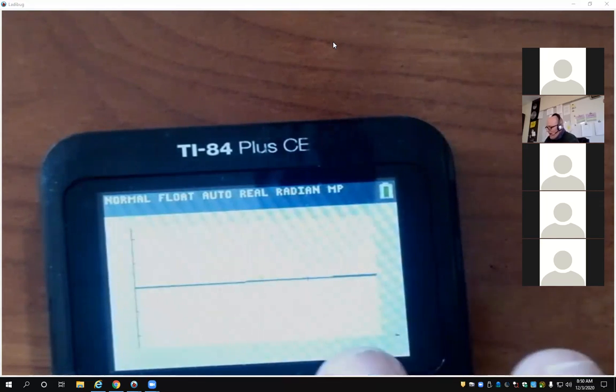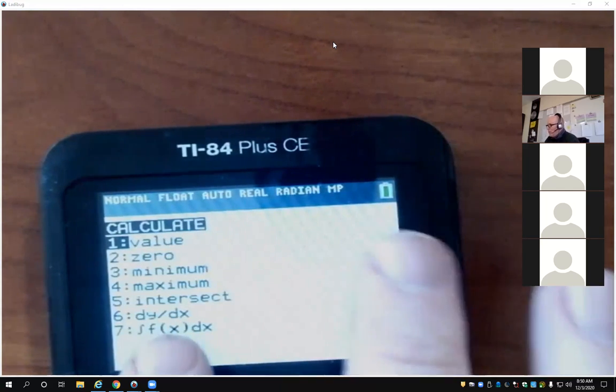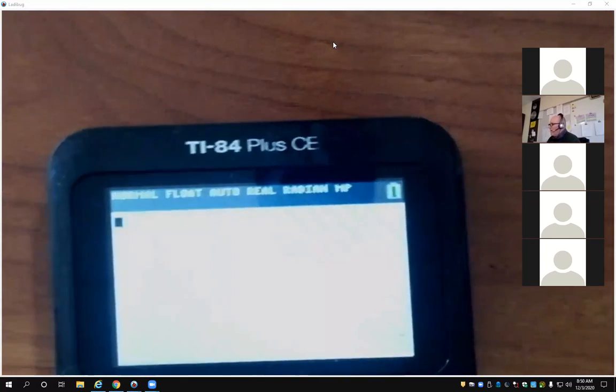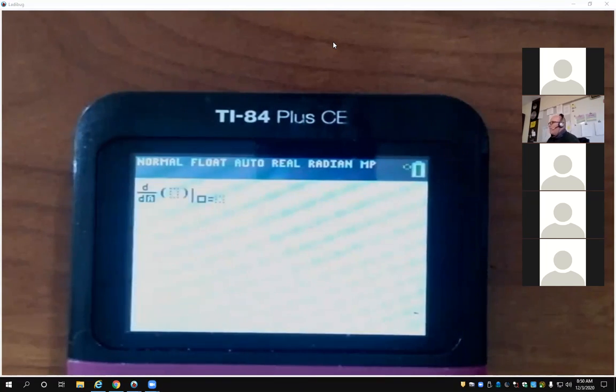And then from there, you would go second calc or trace, and you would pick option 6. Another way to do it is to do it on your home screen. From your home screen, it's math, and it's option 8. So I'm going to find the derivative of x cosecant x at pi over 3. So I'm going to put an x here. And then for my function, we have to remember that cosecant's partner is sine.